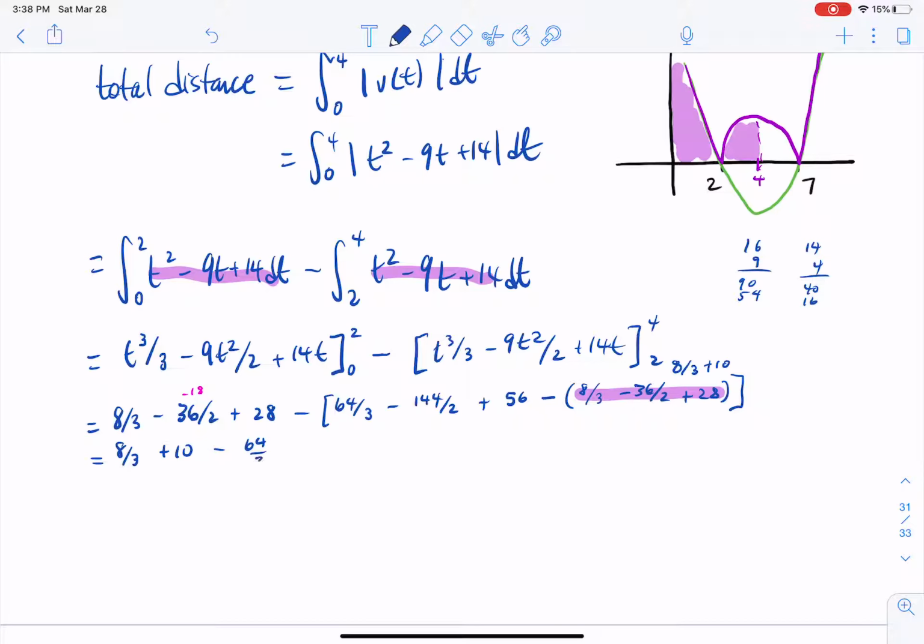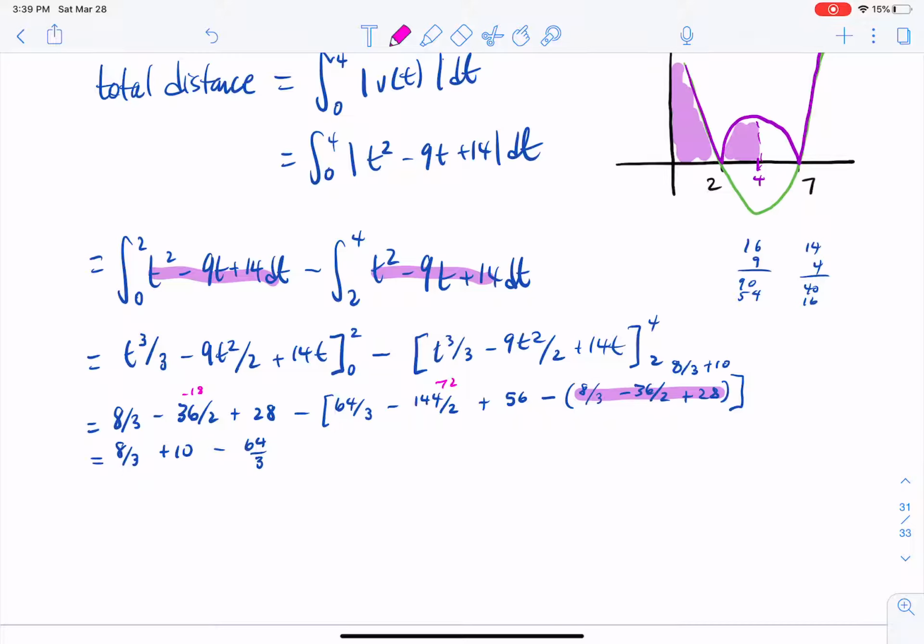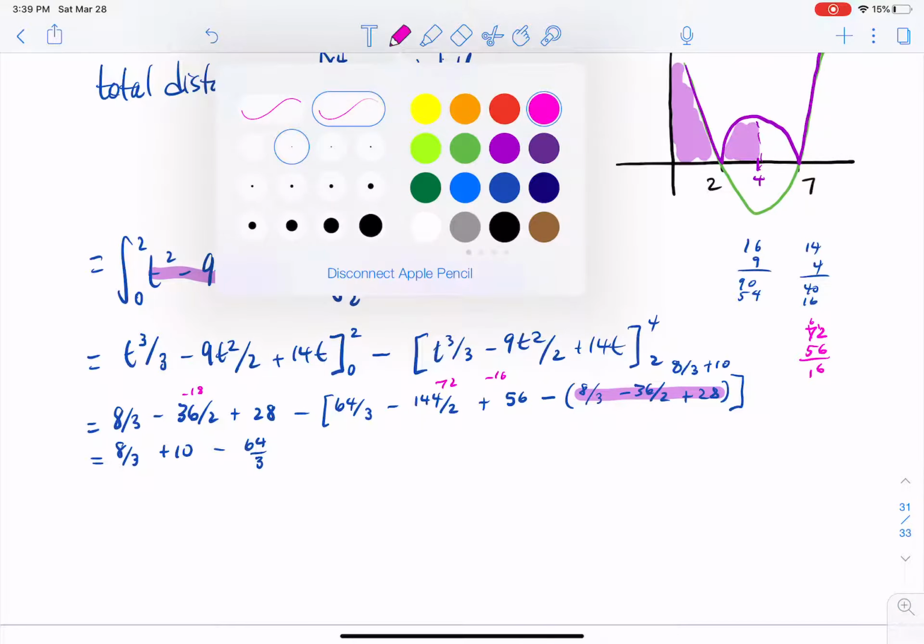And 144 divided by 2 is 72. It's negative and 56. 72 minus 56 is 16. This time it is negative. So a negative 16. But I have to distribute my negative, which is going to make it a positive 16, I do believe.